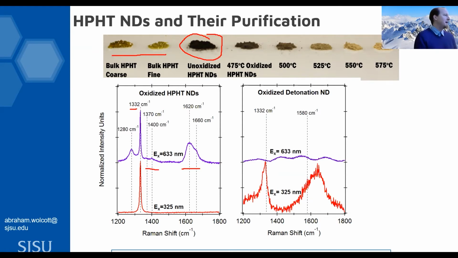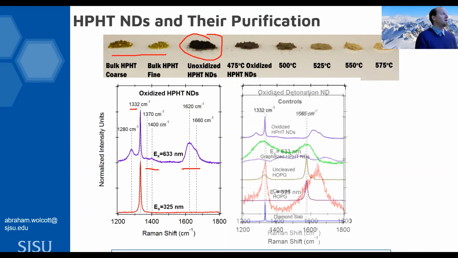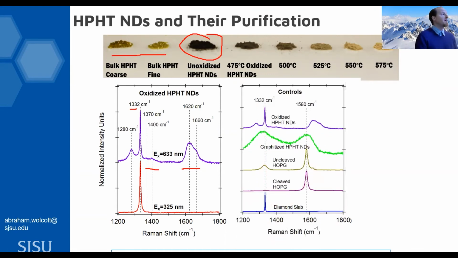But if we were to compare our sample for HPHT versus detonation diamond, we found that the relative signal and the width of the peaks in detonation diamond were not comparable. And so what we assumed is that the detonation diamond had crystallographic and phononic properties that were very different from HPHT and those of bulk diamond as well.